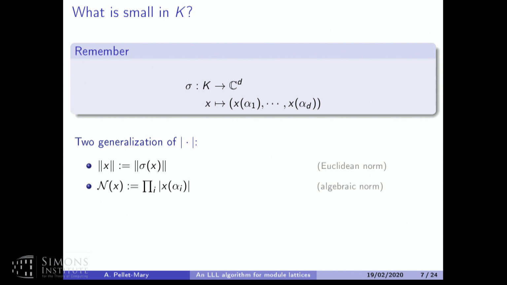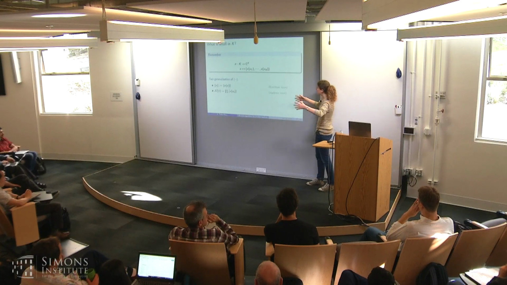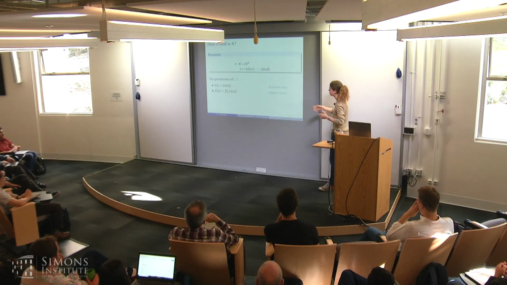And just a remark: if we were over the reals, then these two quantities would be the same. The absolute value of a vector of size 1 and the product of the absolute values of the coordinates of a vector of size 1 are the same. But when we increase the dimension, we have two ways to generalize this absolute value. So that's it.